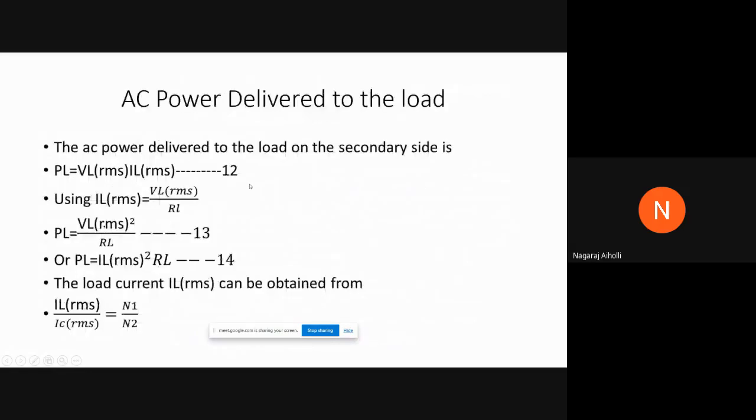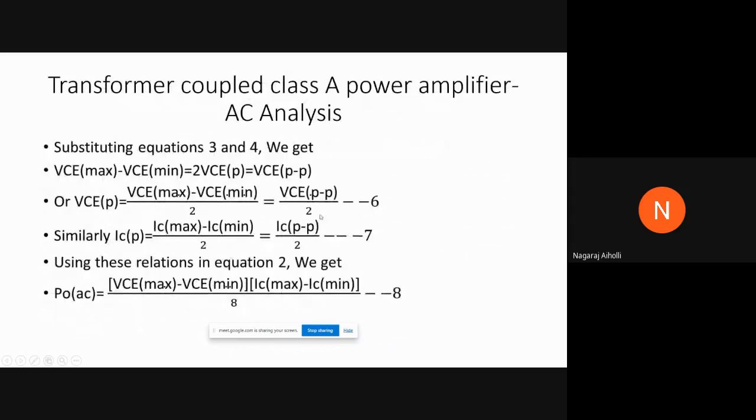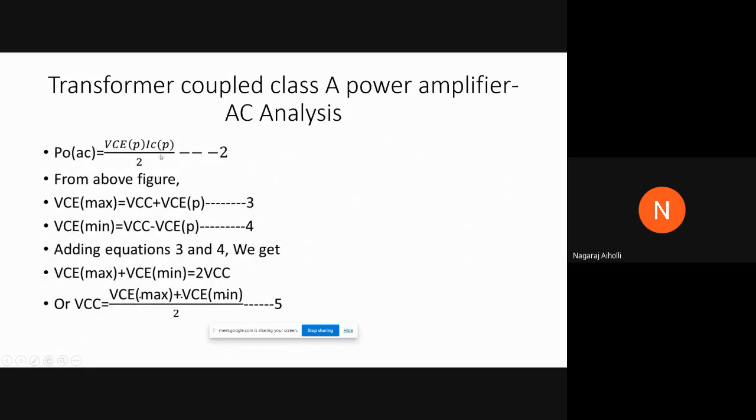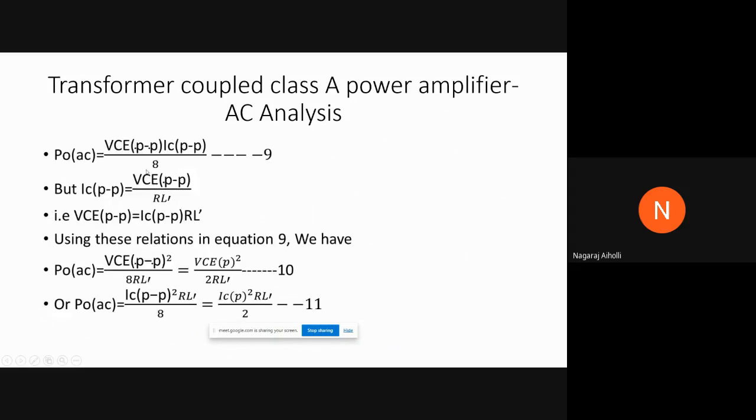In the denominator we have divided by 2 and divided by 2, that is 2 into 2, which is 4, and we already have a 2 here in VCE peak into IC peak by 2. Therefore, it will be 4 into 2 in the denominator, that is, 8. Therefore, what we are getting here, students, is P naught AC is equal to VCE peak to peak into IC peak to peak divided by 8. Let us number this as equation 9.